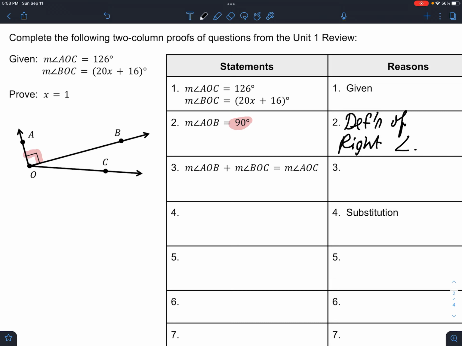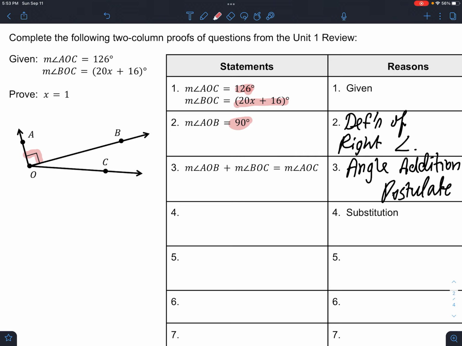Okay. And then we see a familiar equation show up. That's a direct statement that comes from the angle addition postulate. And then once we have all that there, we know 3 things, and we have an equation for each of those 3 things.